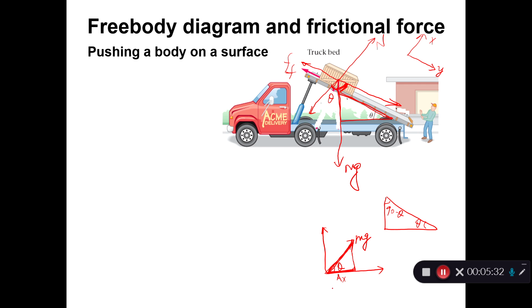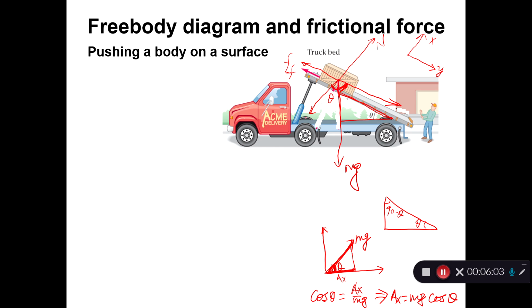The relation between this and this is cosine, so cosine theta is equal to ax divided by mg. That means ax is equal to mg cosine theta. Wherever the angle theta is, in that direction the component is the cosine component.